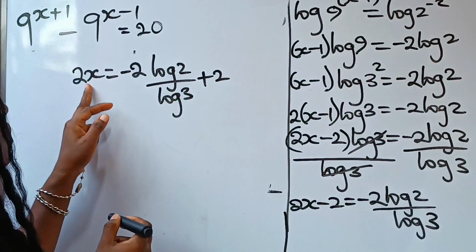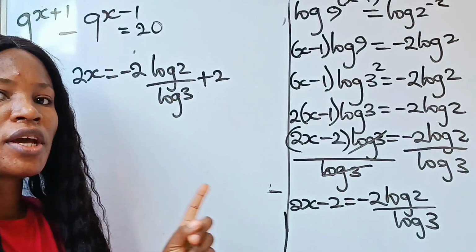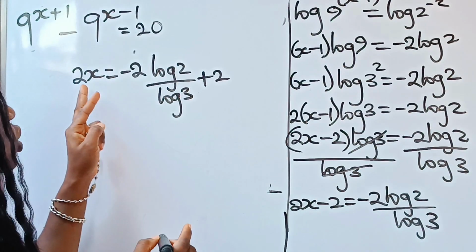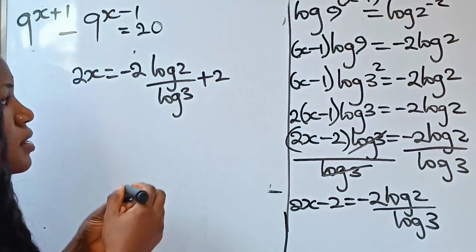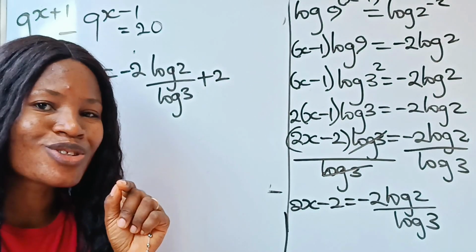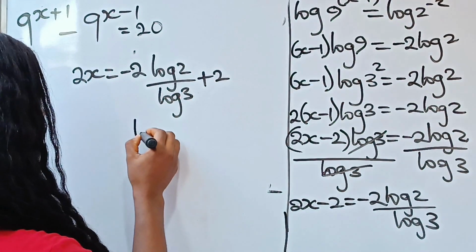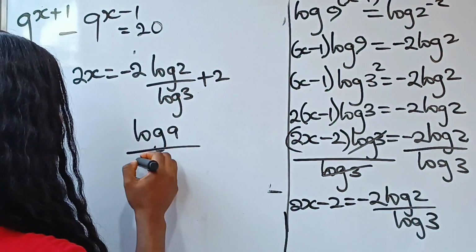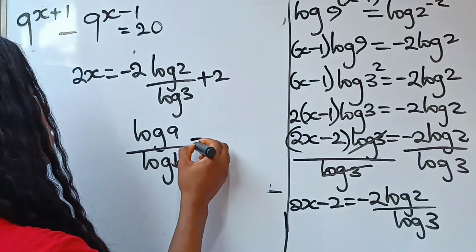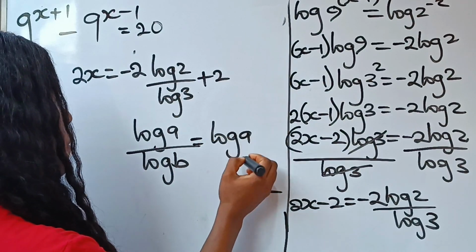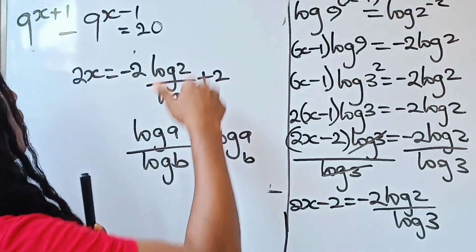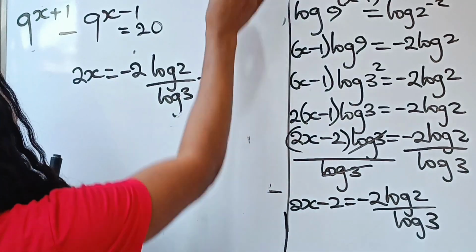Now for us to get the value of x, we need to divide both sides of the equation by 2, right? But before that, I want us to note that when you have log a divided by log b, this is equal to log a base b. So I want to simplify this further first.